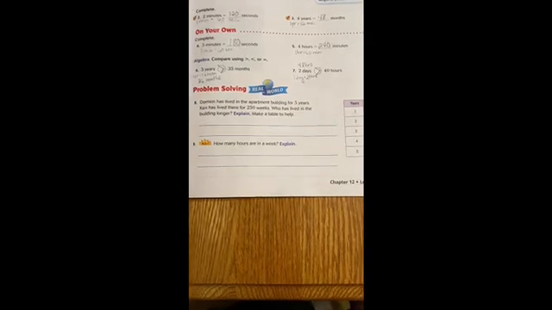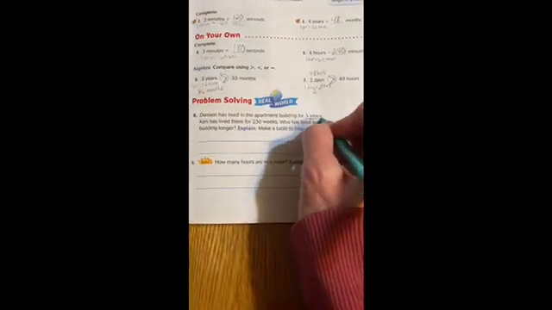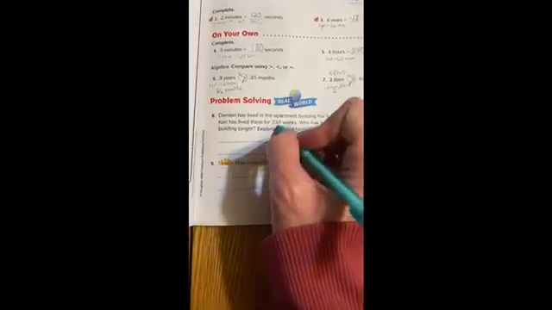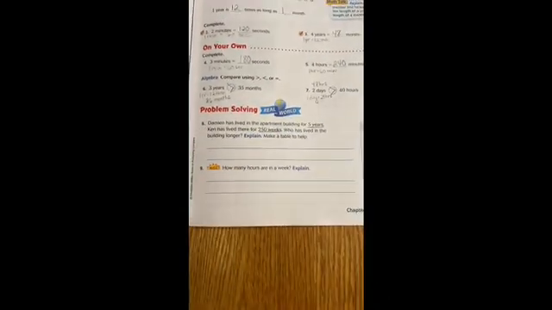Problem solving. Damien has lived in the apartment building for 5 years. Ken has lived there for 250 weeks. Who has lived in the building longer? Explain.